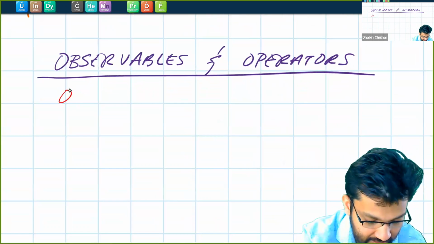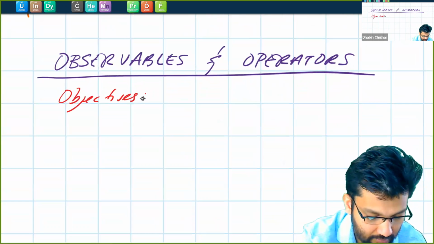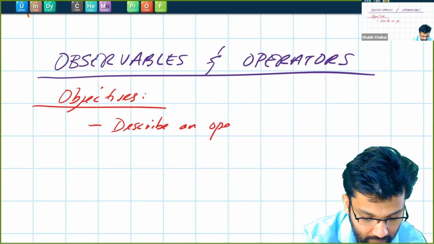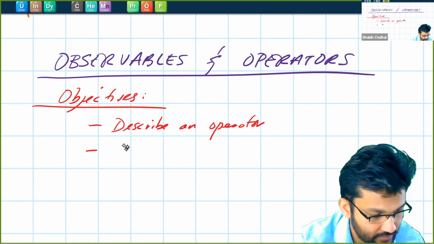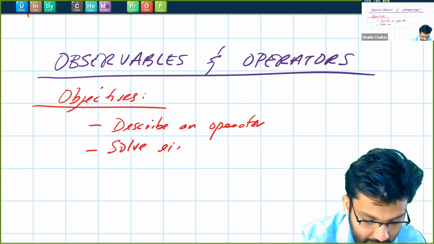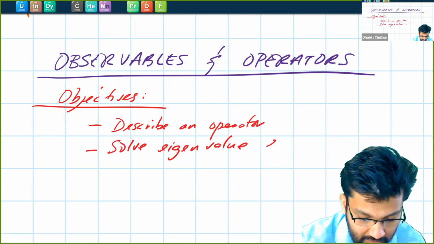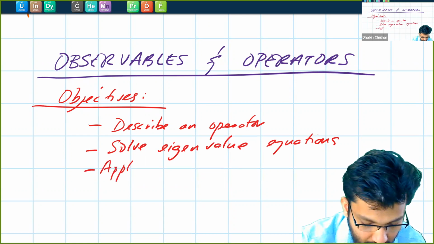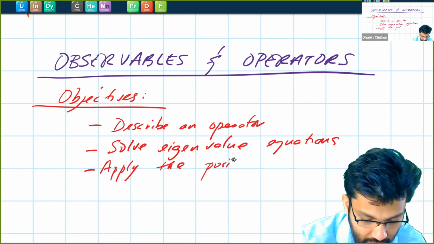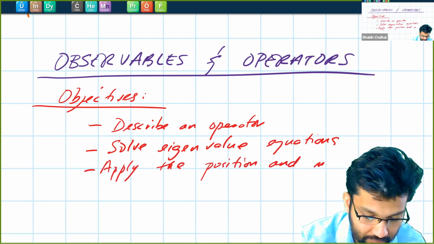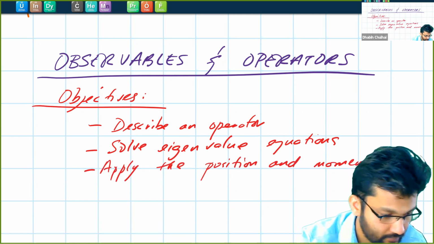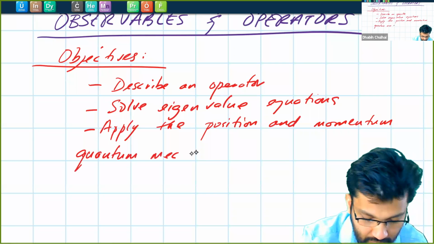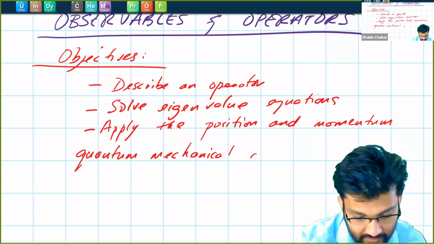Some of the objectives here would be to describe an operator, to solve eigenvalue equations, and we'll talk about what those are, and to apply the position and momentum quantum mechanical operators.